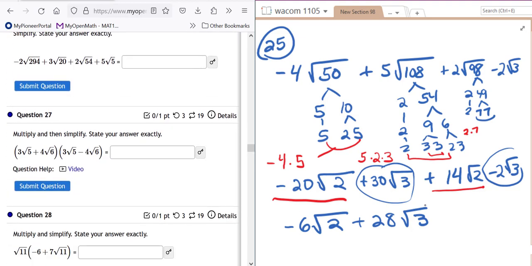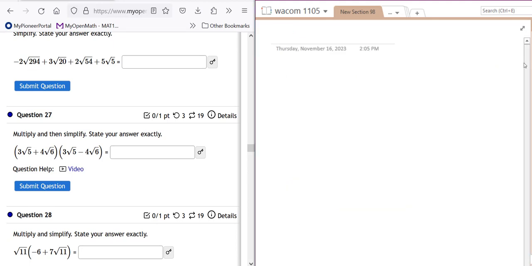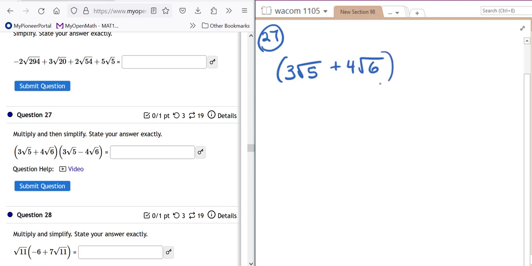Right, and 27. This is a FOIL problem, but it has a bunch of radicals there, so we'll have to be careful. 3 times the square root of 5 plus 4 times the square root of 6, and then you're doing it times 3 square root of 5 minus 4 square root of 6.